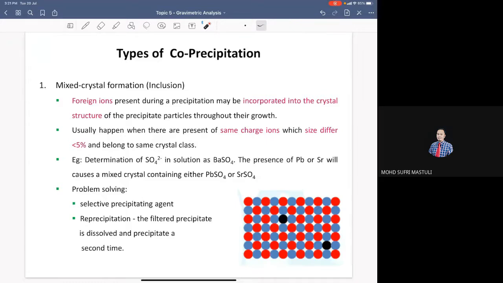To solve the problem, we use a selective precipitating agent to remove or mask the other ion, or we do reprecipitation: the precipitate is filtered, dissolved, and precipitated a second time.